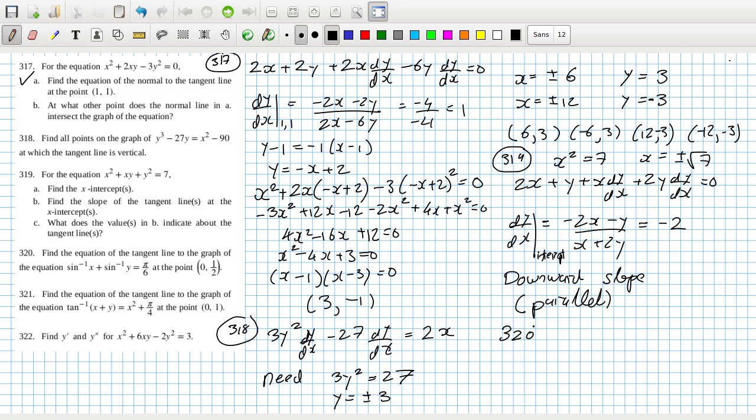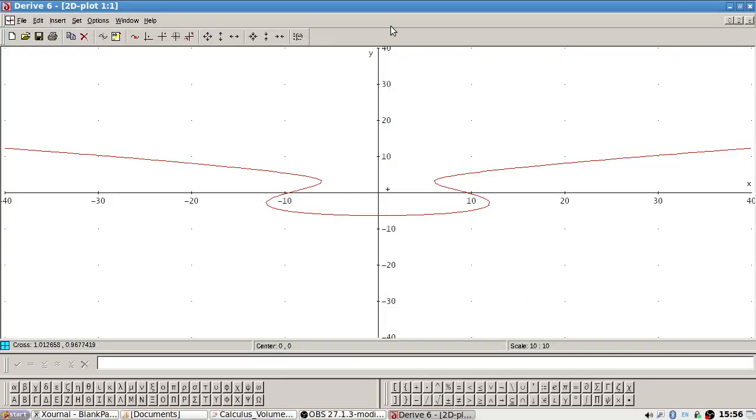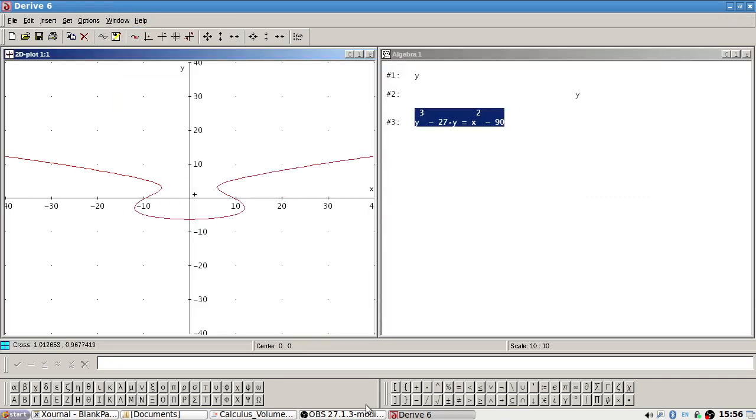320. Okay. What's the derivative of sine inverse again? Is 1 over root 1 minus x squared, I think. I'm pretty sure it's 1 over root 1 minus x squared.